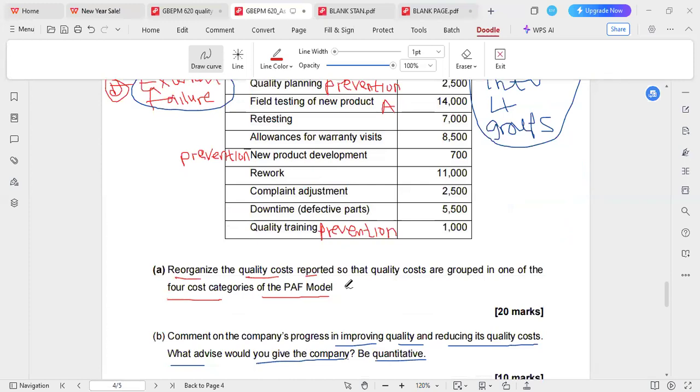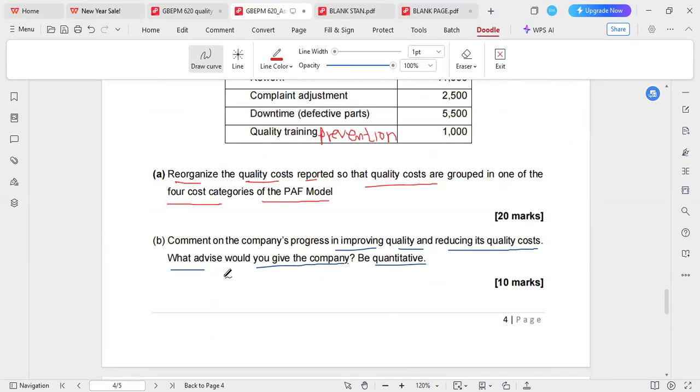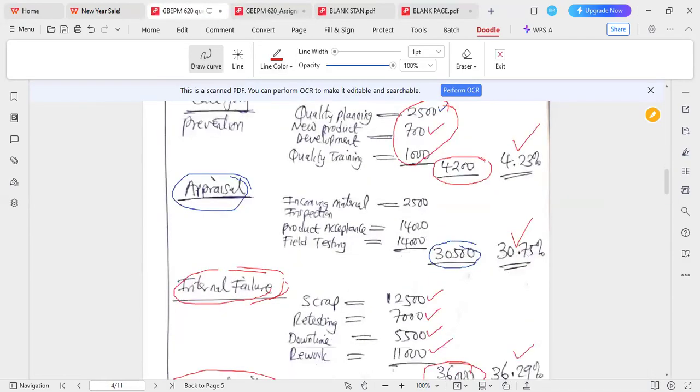Okay, so we just reorganize the cost of quality, and then of course comment on the company's progress in improving quality and reducing the quality costs. What advice would you give the company? Be quantitative. Okay, now there's again some addition that we need to make here.